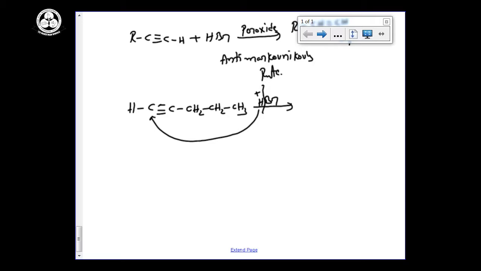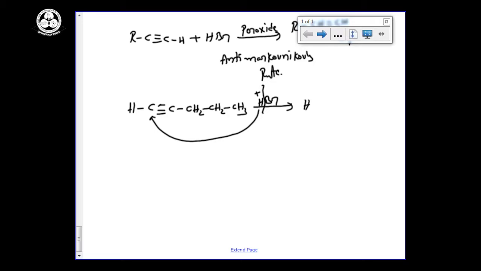Organic compounds containing multiple bonds must undergo addition. First we have to give preference to addition. Elimination or substitution reaction, we give second priority. In alkenes, I mentioned the allylic substitution with NBS, but here there is no substitution. Most alkynes undergo addition first, only. There is no substitution here.